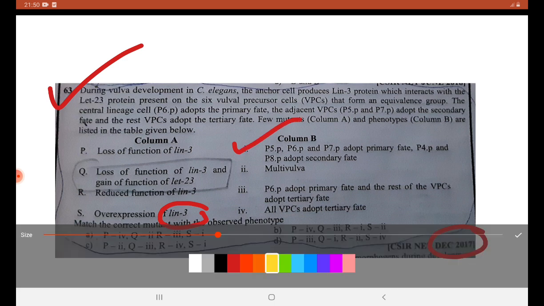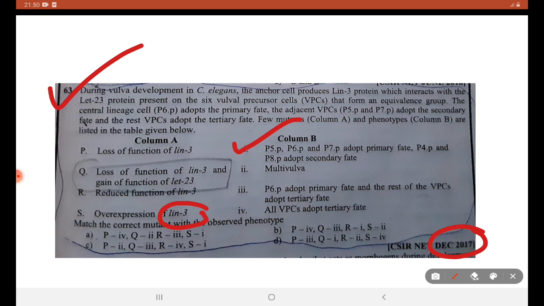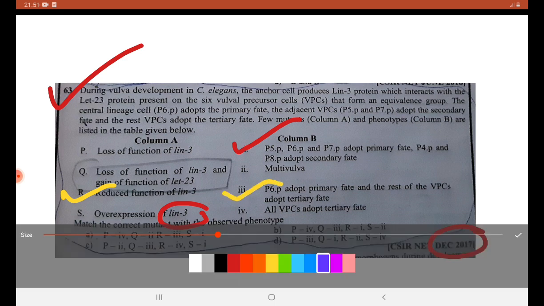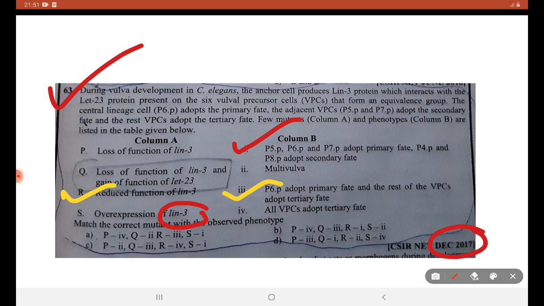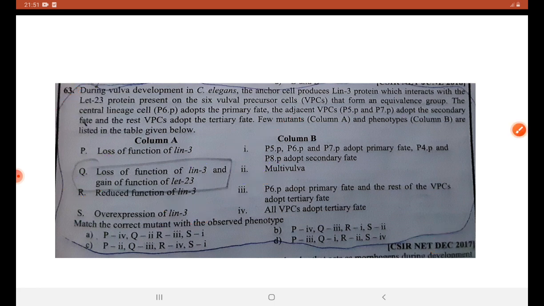Now, reduced function of LIN-3: P6 adopts primary fate and the rest adopt tertiary fate. Loss of function of LIN-3 and gain of function of LET-23 give rise to multivulva. So I have said what is LIN-3, what is LET-23. I have made a mistake.